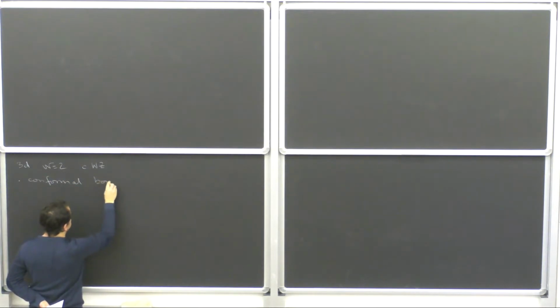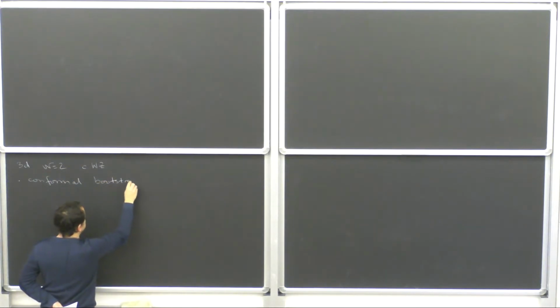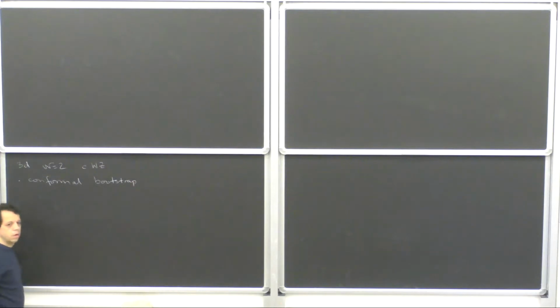Once you know this, there's this useful tool which I told you a little bit about, the conformal bootstrap, or rather the modern incarnation of this idea, which is to study, for instance, 4-point functions.